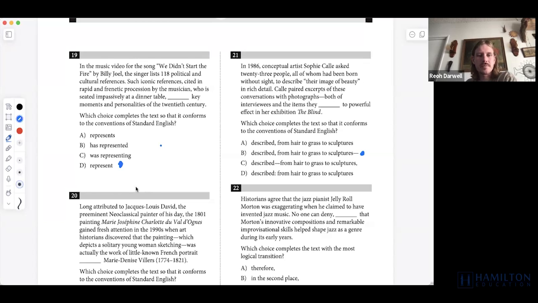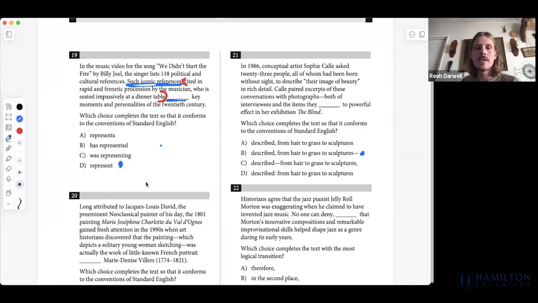The weird thing here is that we have a bunch of things in between our subject and our verb. All of this stuff in here is actually irrelevant to how we conjugate to represent.